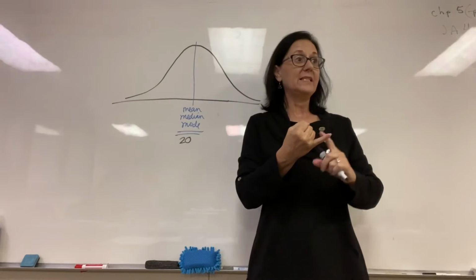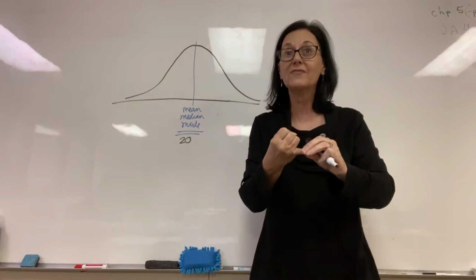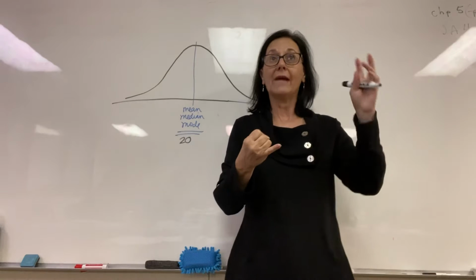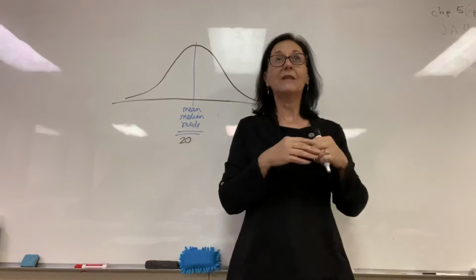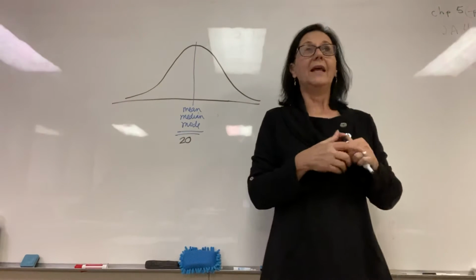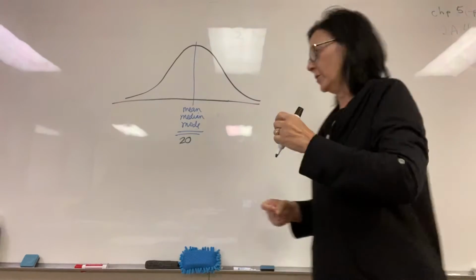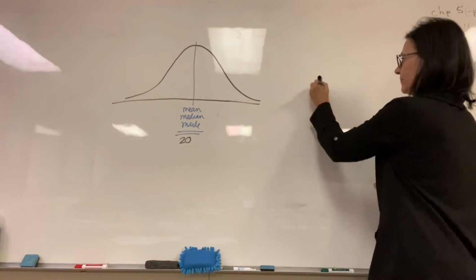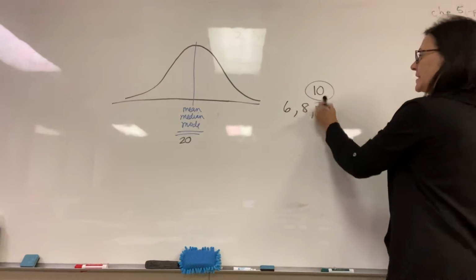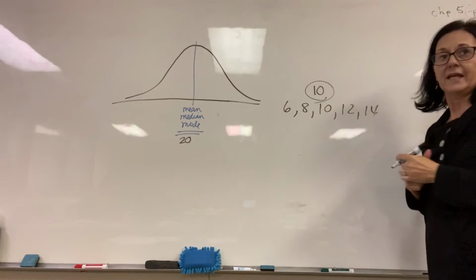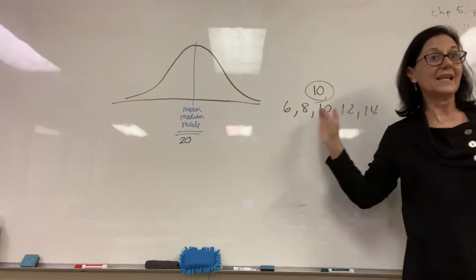Then we take each number, see how far it is from the mean, and square it to eliminate the negatives. In the previous example we worked, the mean was 10, and we had 6, 8, 10, 12, and 14.